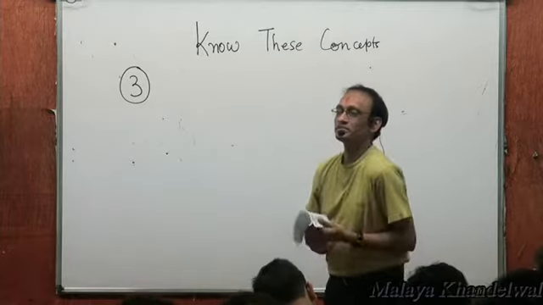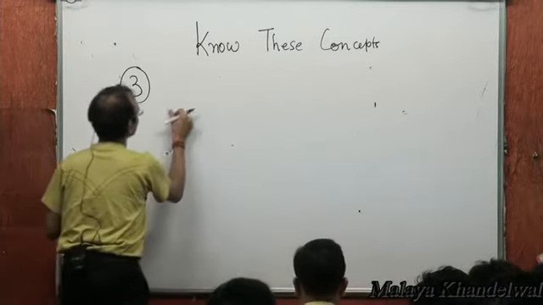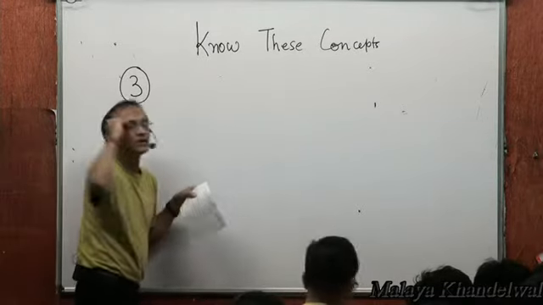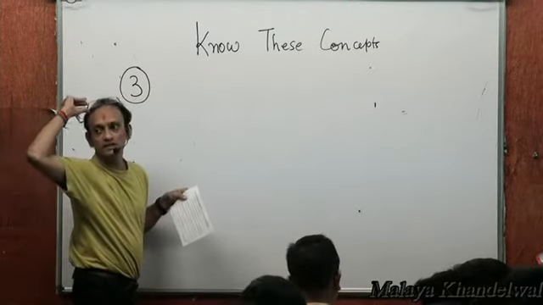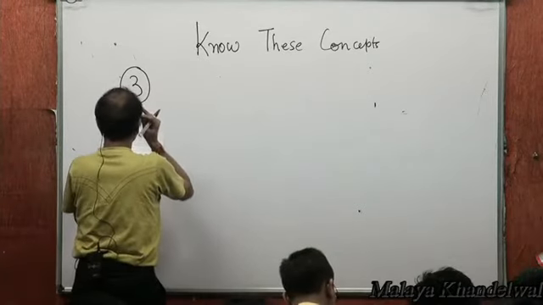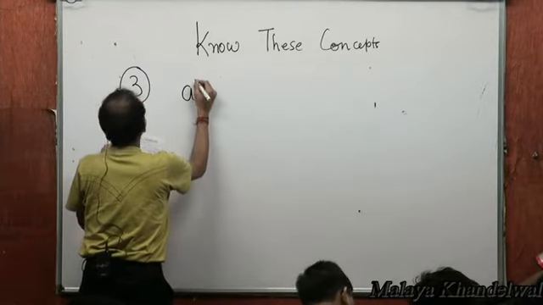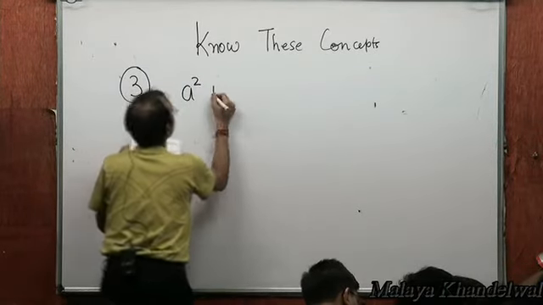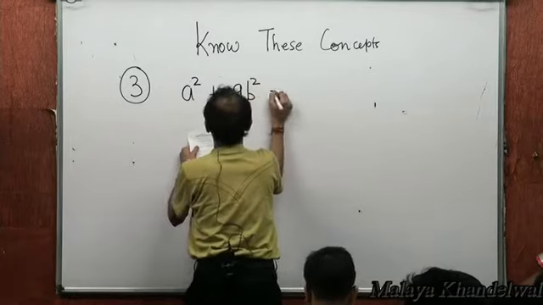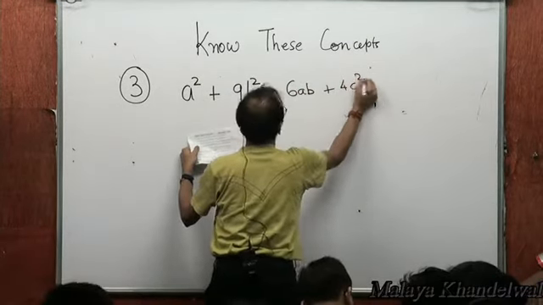Unfortunately, you will not get a linear combination out of it. That's a problem. Again, A, B, C are parameters such that the choice of A, B, C is commensurate with this equation: A squared plus 9B squared is 6AB plus 4C squared.